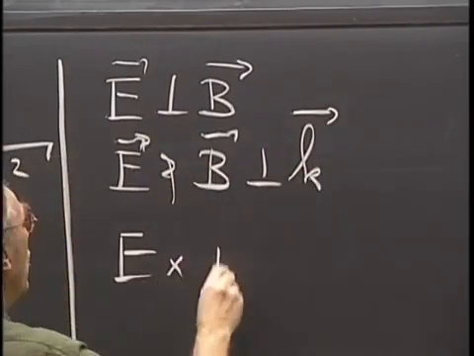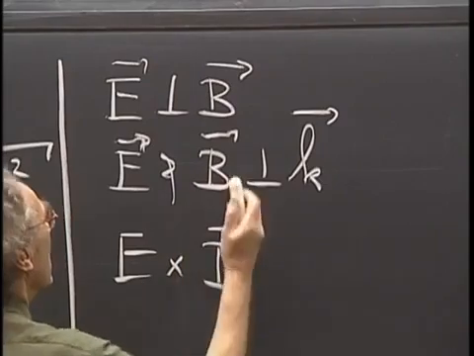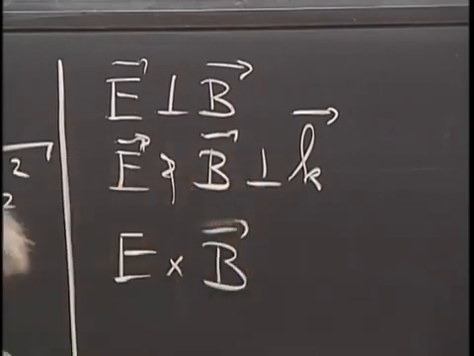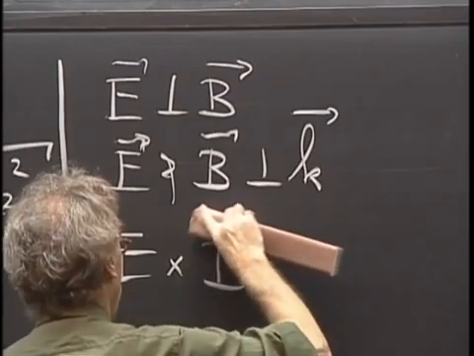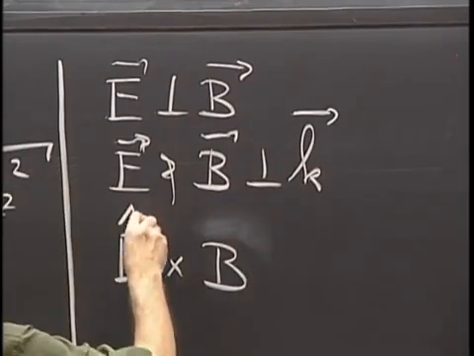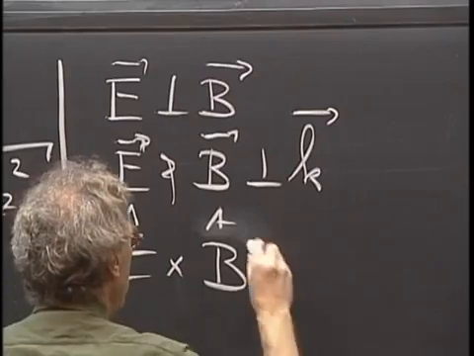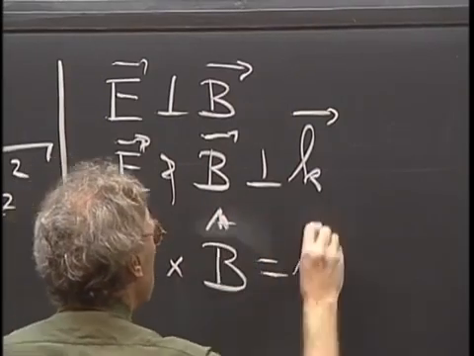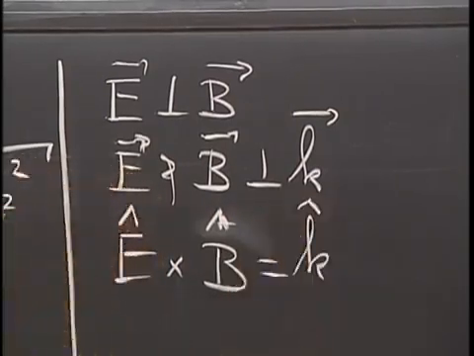Therefore, E cross B, let me give that unit vectors, E cross B is k roof. The Poynting vector, remember, goes in the direction of k.